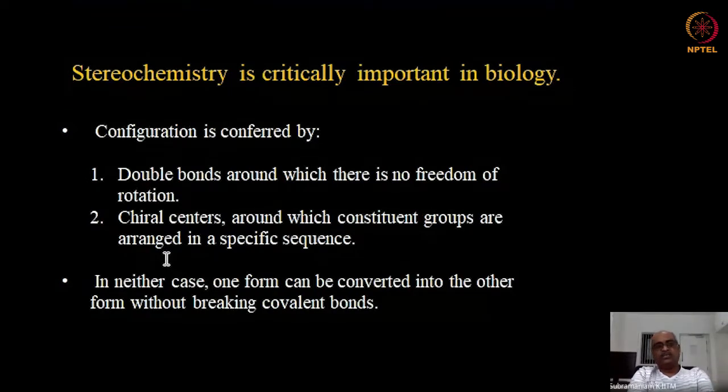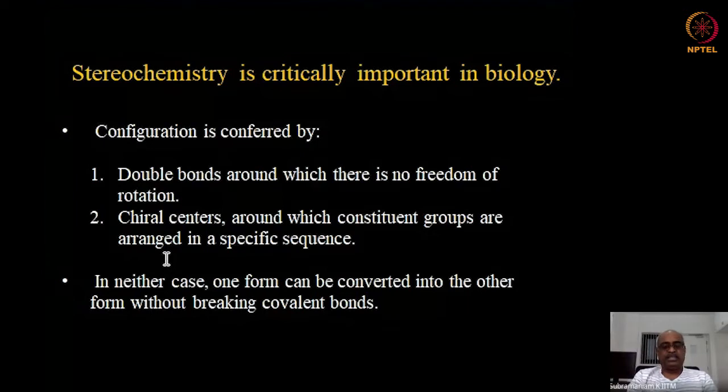In other cases, where you do not have a chiral center and where you have all single bonds, the bonds can freely rotate, and therefore the three-dimensional position of constituent atoms can readily change. So there isn't anything to talk about as a specific configuration.